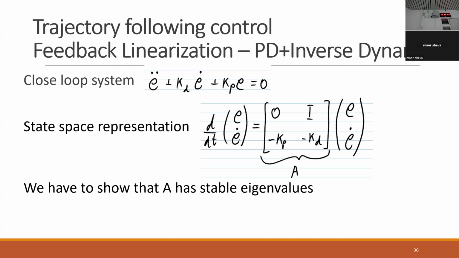So we want to see when this system is asymptotically stable. And if it's asymptotically stable, then it means that if I start with e equals 0, with q equals q desired, then the system will remain on e equals 0. So it will follow the trajectory of q desired. That's the idea.